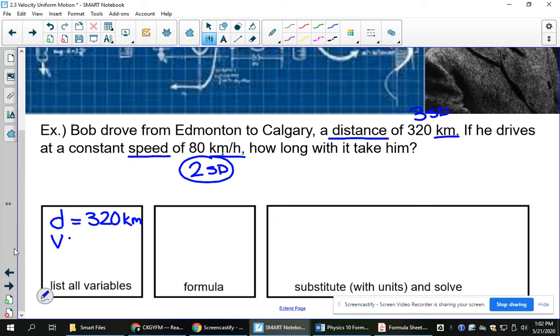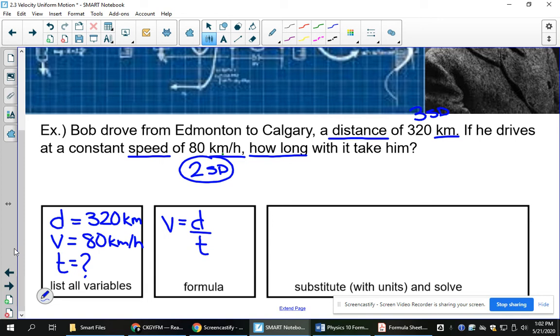Speed is 80 kilometers per hour. And how long is asking what would the time be? That's our question mark. You see these 3 variables and you write down the same equation that we just used. Whether you put that little triangle or not doesn't matter.